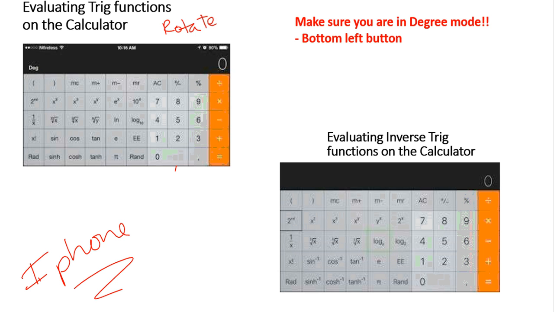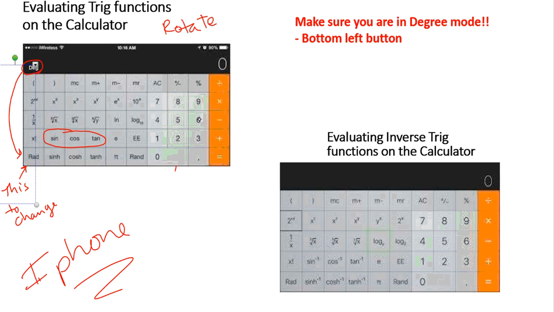Main thing you want for right now anyways is to make sure this is in degree mode, and this should say rad. If not, push this button. And then if you look right here, there are your three trig functions, sine, cosine, and tangent. Now it's a little bit backwards because you don't go sine and then the angle.